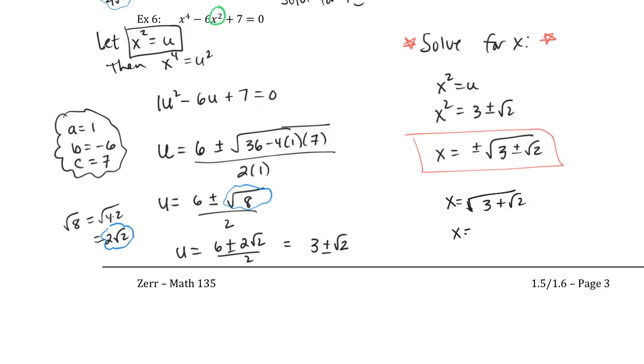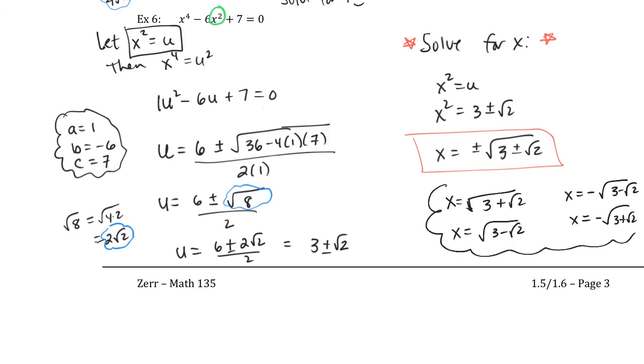We could have the positive square root of 3 minus root 2. We could have the negative square root of 3 minus root 2, or x is the negative square root of 3 plus root 2. So that's actually 4 different possible solutions, which makes sense because this is a power of 4, so there should be 4 solutions there.